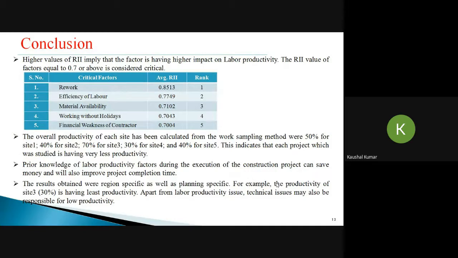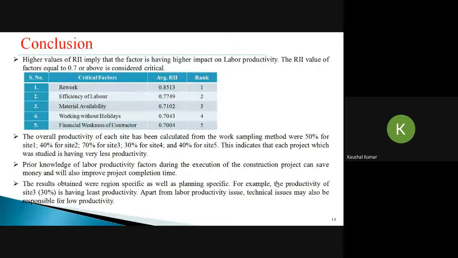If the decline in productivity is because of any particular factors that we have taken, then the construction project management team can rectify these deficiencies, and in that case, it can improve the project completion time. The results obtained were region specific as well as planning specific.